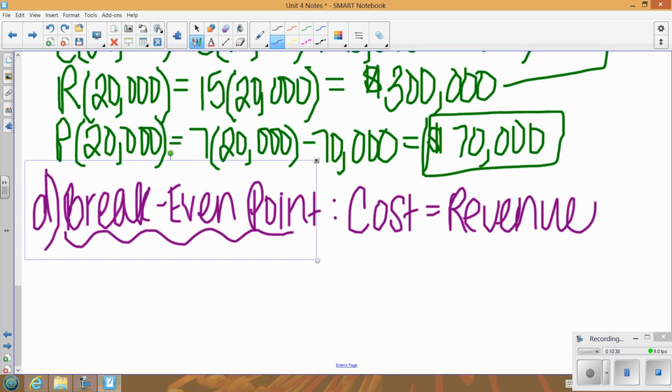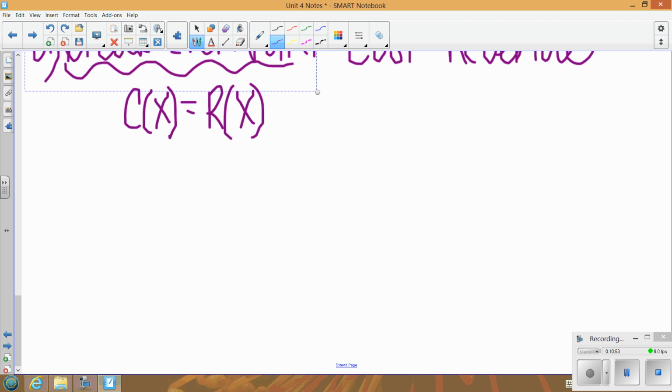You're just completely breaking even. So to figure out where that happens, you would set your two equations equal. So I would set C of x equal to the revenue. Once I see where those two things are equal, that will tell me the number of items I'd have to sell to break even. And I would want to make a profit, so I would make sure I sell more than that.